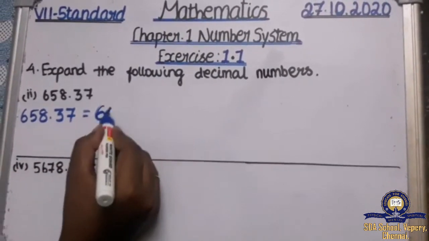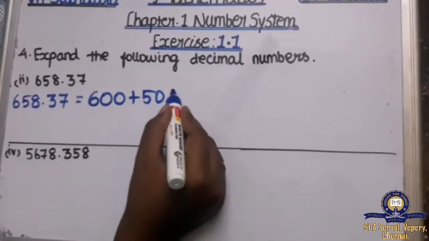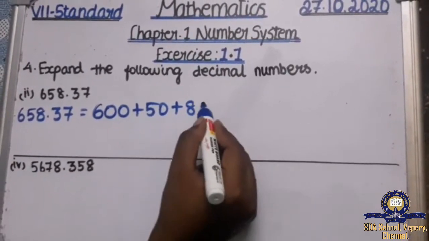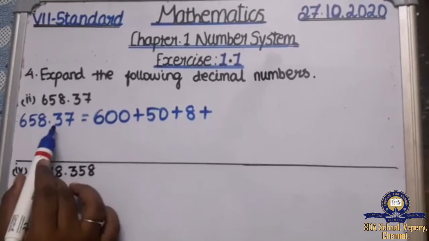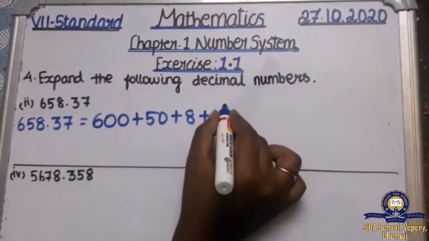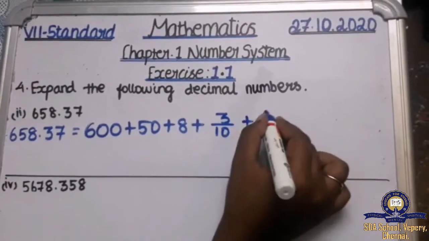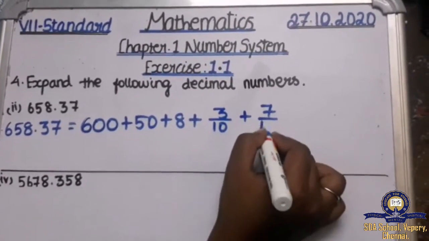So we can write it as 600 plus 50 plus 8 plus, 3 is in the 10th place, 7 is in the 100th place, so we can write 3 by 10 plus 7 by 100.